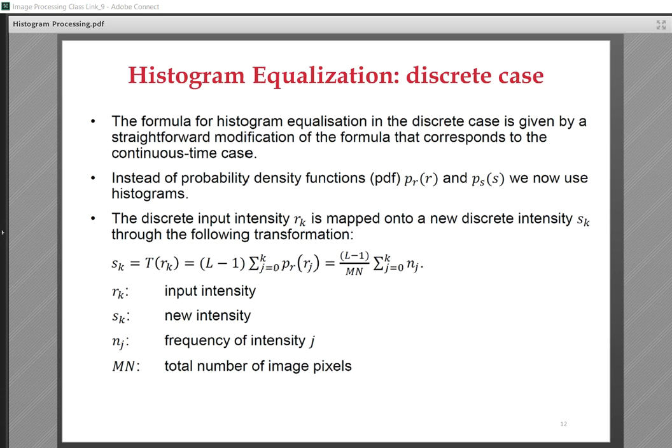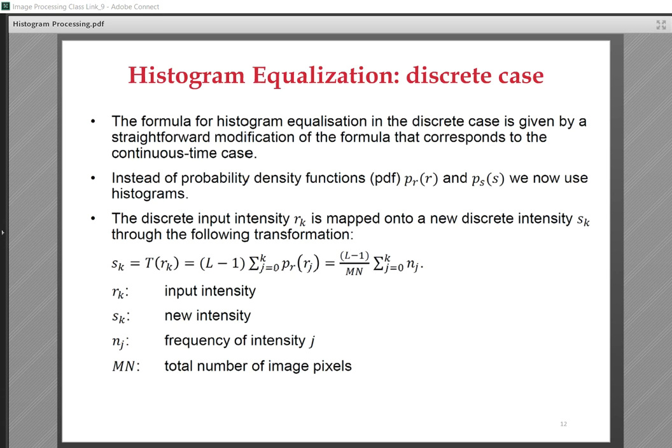We had these items in the continuous mode, for example, in the integral. But for real images, we are in the discrete area. Here, histogram equalization in the discrete case. The formula for histogram equalization in the discrete case is given by a straightforward modification of the formula that corresponds to the continuous case. That means the integral is transferred to sigma.